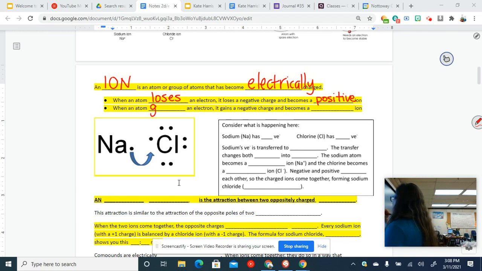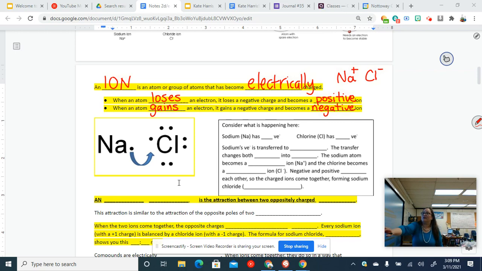When it gains an electron, it gains a negative charge, so it becomes a negative ion. So when the sodium lost one, it became positive. When the chlorine gained one, it became negative.